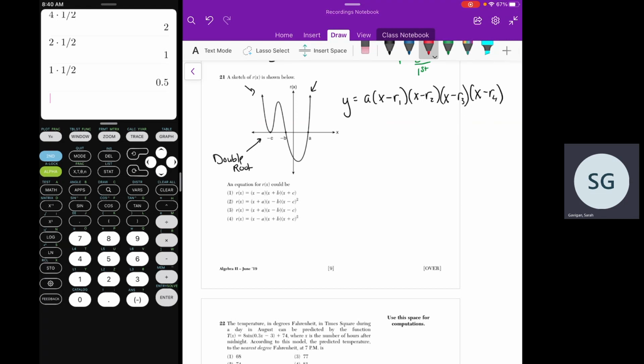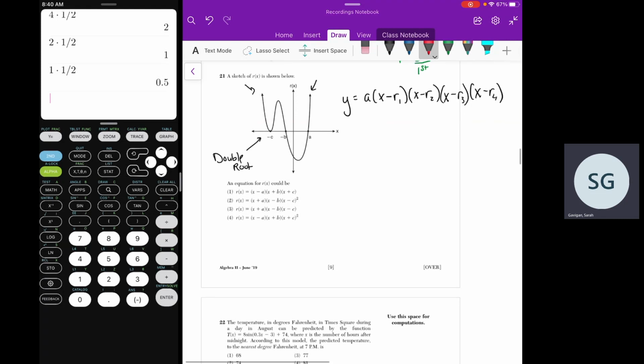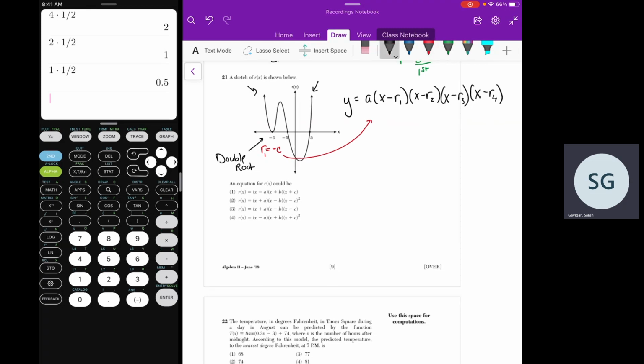Now, what you have to be careful of, the trick in this, is that one of my roots is negative c. Now, if you put that into the equation up here, that is x minus negative c. That turns into an x plus c. And since that's a double root, that's going to be squared. It's going to happen twice.